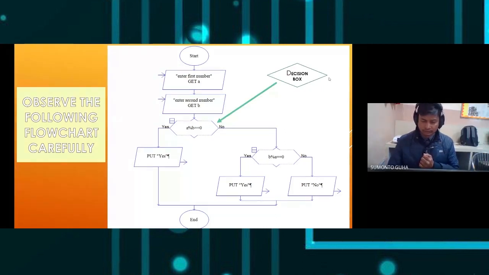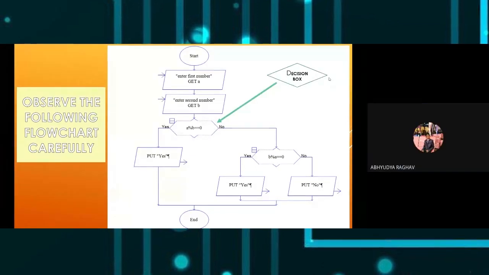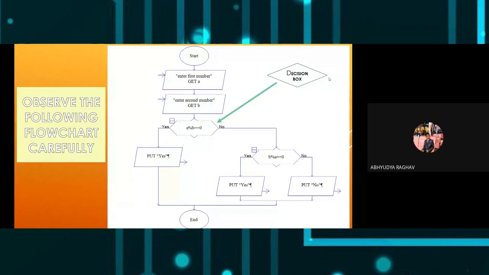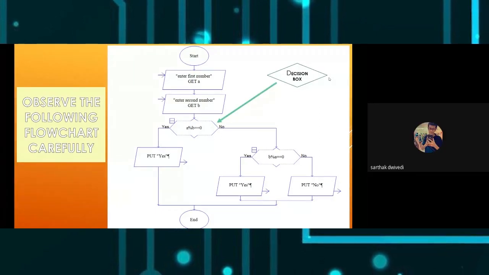Now, can anybody else tell me what we are actually trying to find out here? Whether the remainder is equal to 0 or not. If A is a factor of B or B is a factor of A. That can also be, because if the remainder is 0, then it can be a factor. Yes, Kanishak, you continue.